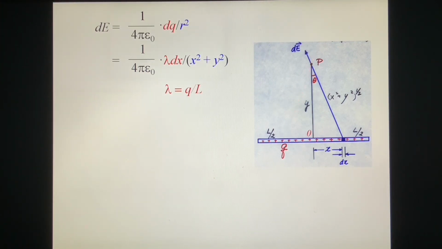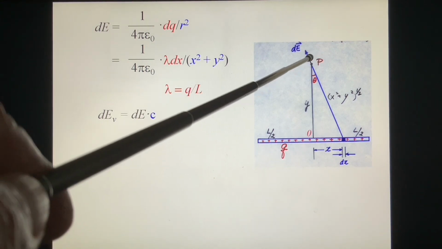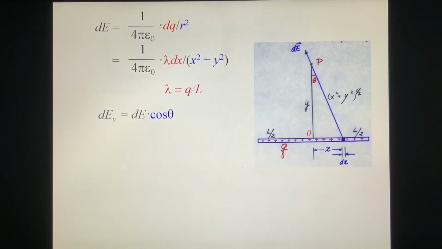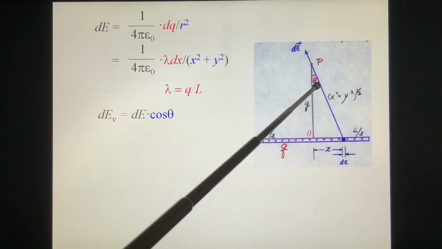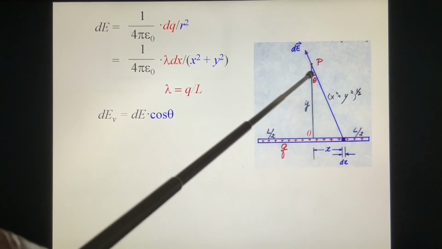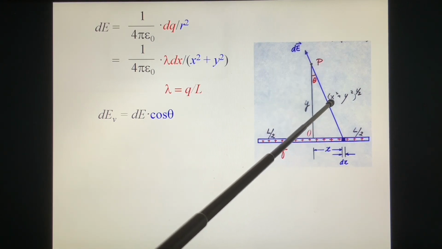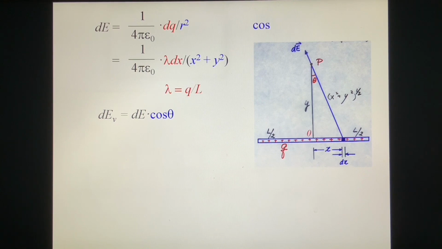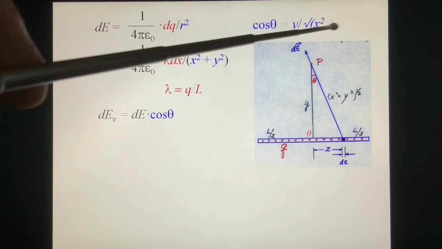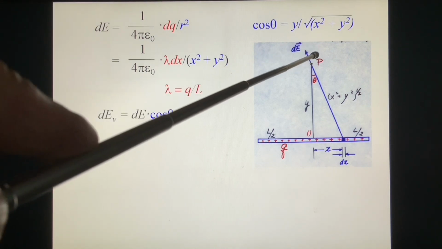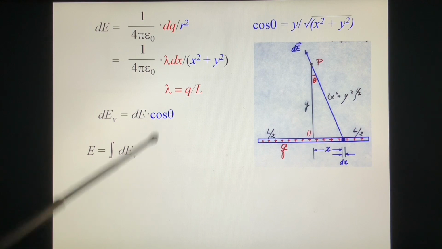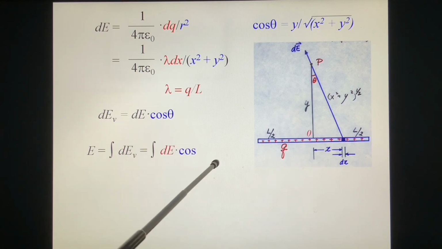So dEy is the final result, and dEy equals dE multiplied by cosine theta. Cosine theta in this triangle is equal to y over the square root of x squared plus y squared. Then the total E must be the integration of dEy, equal to dE cosine theta.